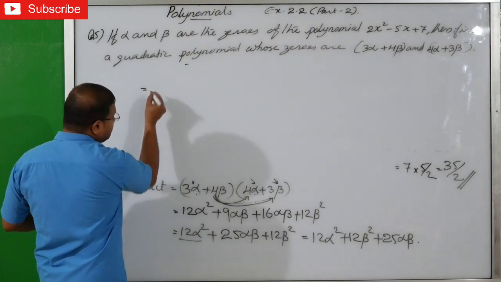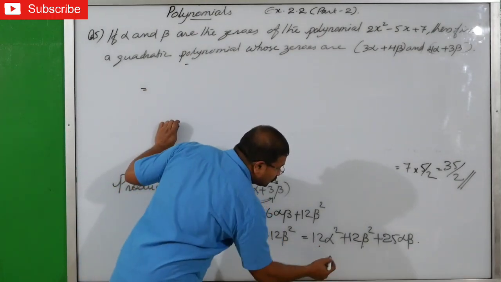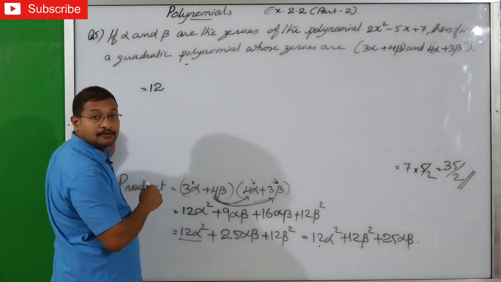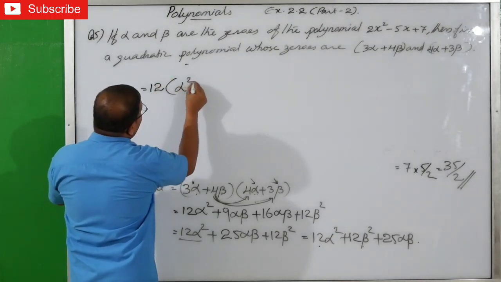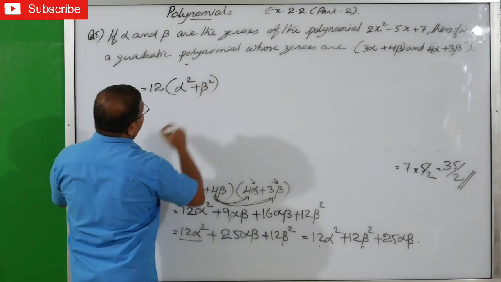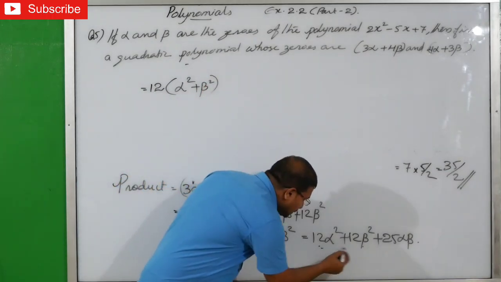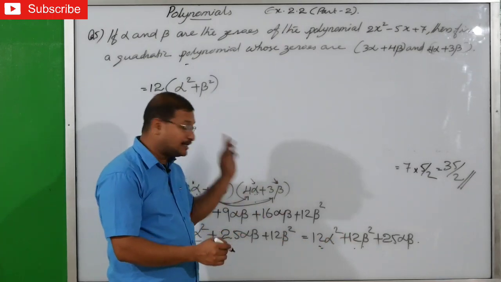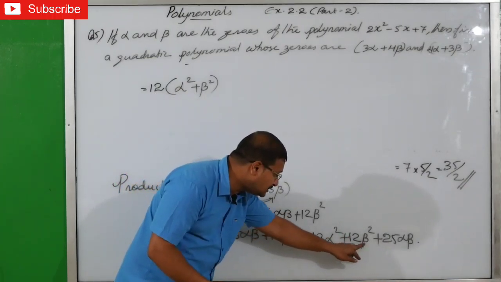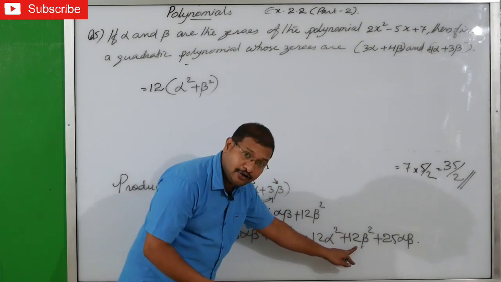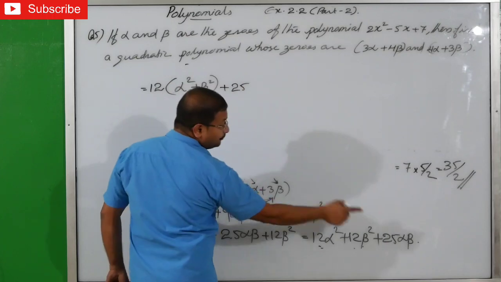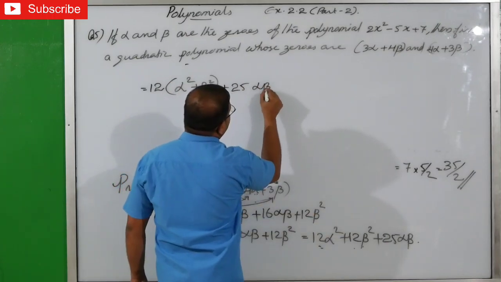So this equals 12 alpha square plus 12 beta square; taking 12 outside, 12 bracket alpha square plus beta square, plus 25 alpha beta.